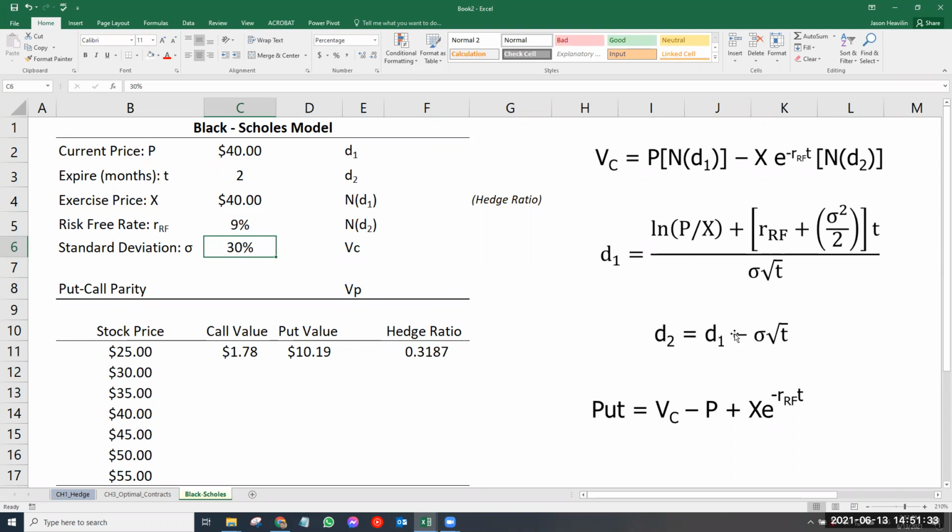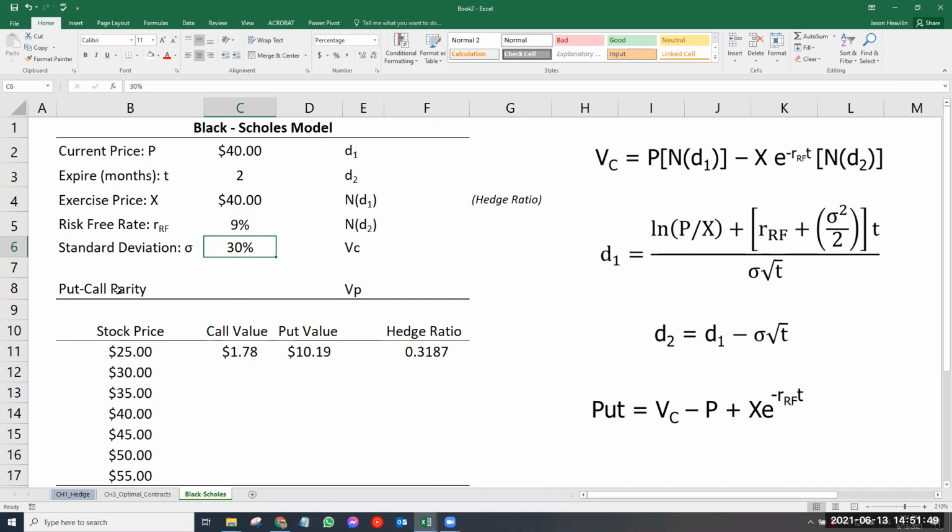We will use it there, along with some information that we have over here on the left, and we get D2, and it goes in there. Once we solve that formula, it's going to give us the value of the call option.